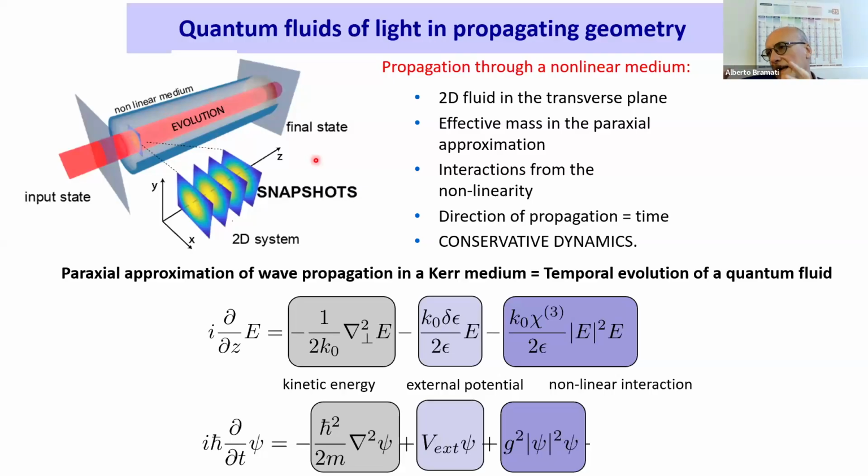Then there is a confinement. And the nonlinearity gives us effective interaction between photons. So the idea is that also with this system we can have collective behavior.